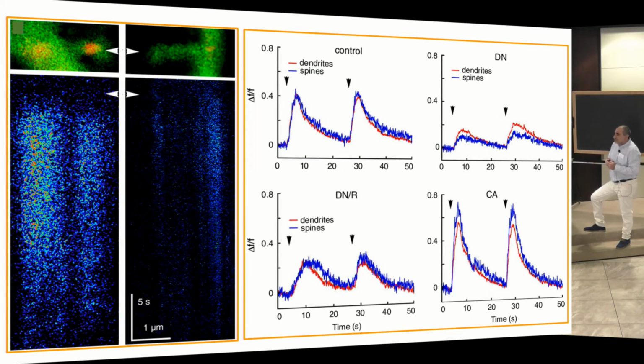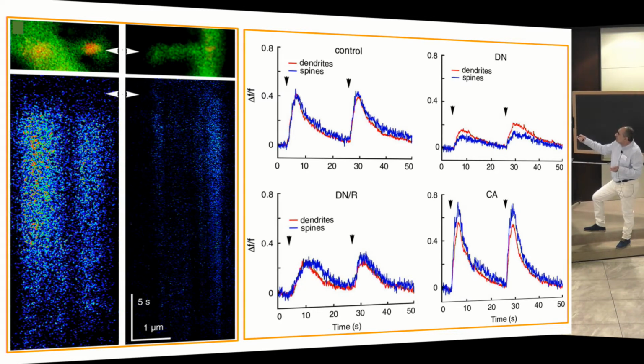So the next important experiment was to use dominant negative ORI or constitutively active CA ORI. So we transfected these cells with them. So this is control responses. Red is dendrite, blue is spine. This is normal.